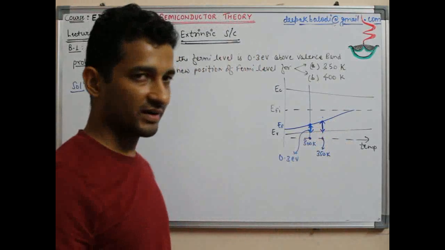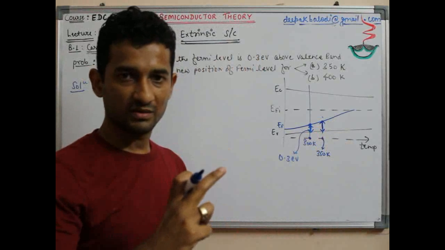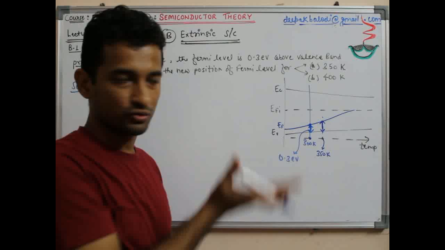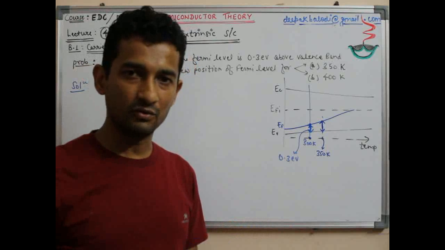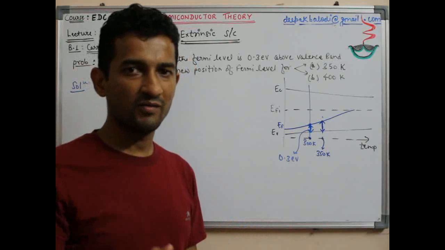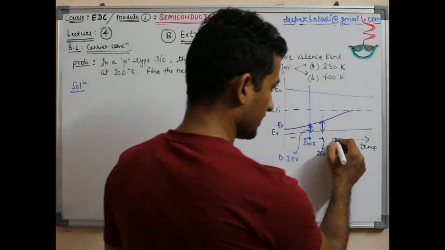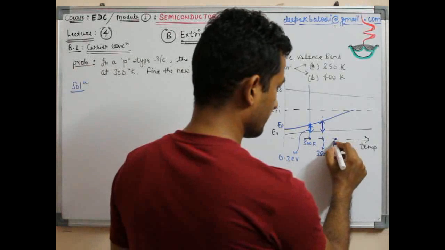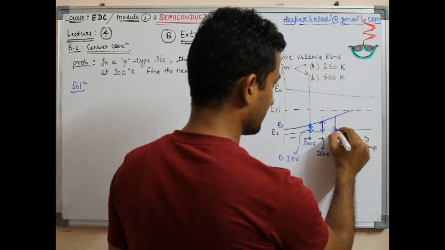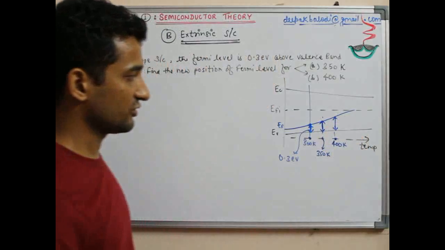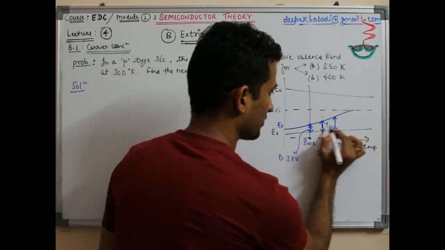We expect that this will increase because it will move closer to the intrinsic Fermi level, so the extent of being extrinsic will reduce. It will relatively become more intrinsic. Similarly we have to calculate at 400 Kelvin, where we assume a further shift. So these two values we have to calculate.